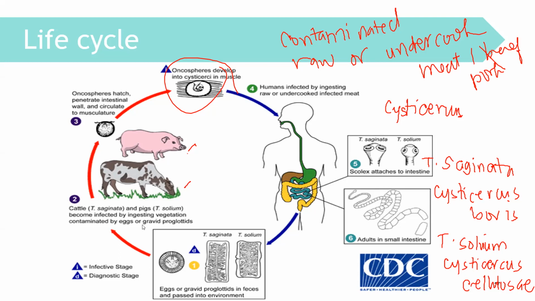Now, after the ingestion of meat that is contaminated with bovis and cellulosae, it will mature in the humans. Then the scolex will attach to the intestine so that it will be able to produce segments, proglottids, to have its strobila. Remember, they are hermaphrodite.